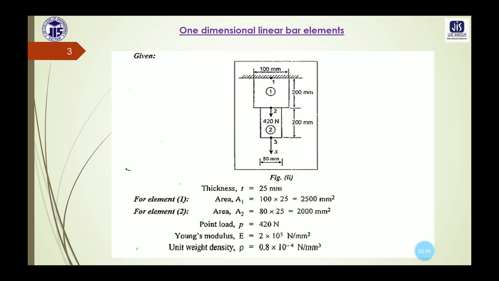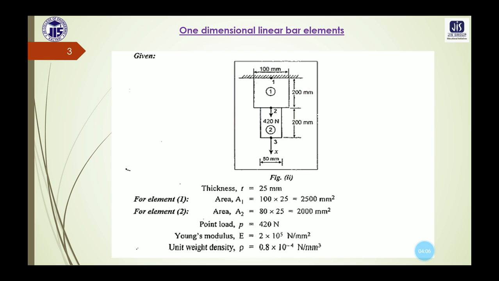We can see in this diagram the numbers within circles are denoting the elements. So you can see we are having 2 different elements, and the numbers without the circles are the nodes. That means corresponding to element 1 we are having 2 nodes, those are 1 and 2, and corresponding to element 2 we are having 2 different nodes which are 2 and 3.